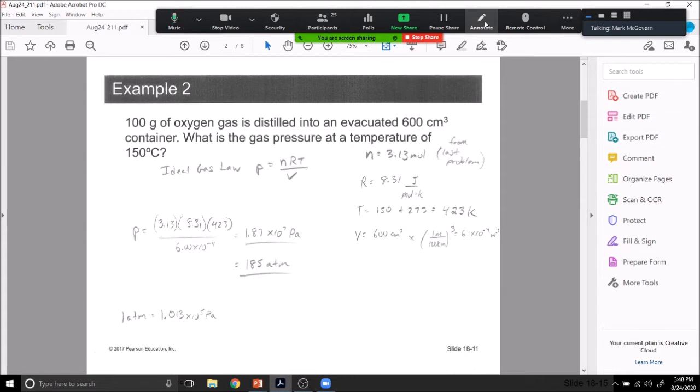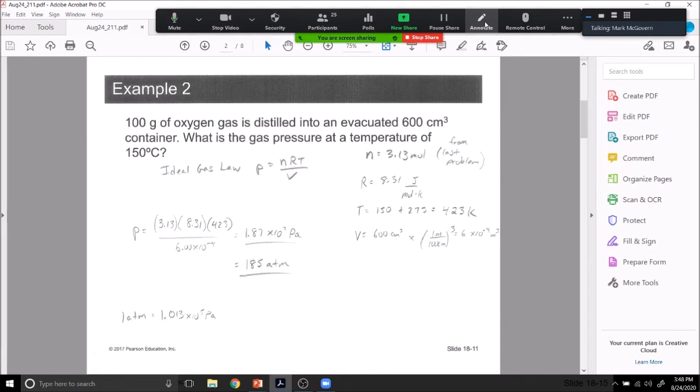So we're going to take our 600 cubic centimeters and divide that by 1 million, or 10 to the 6th. It's a factor of 100 three times because we've got a volume. So that's 6.0 times 10 to the minus 4 cubic meters. Now we're good to go.